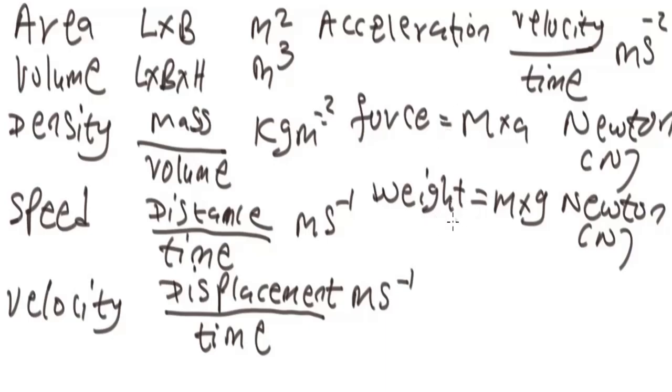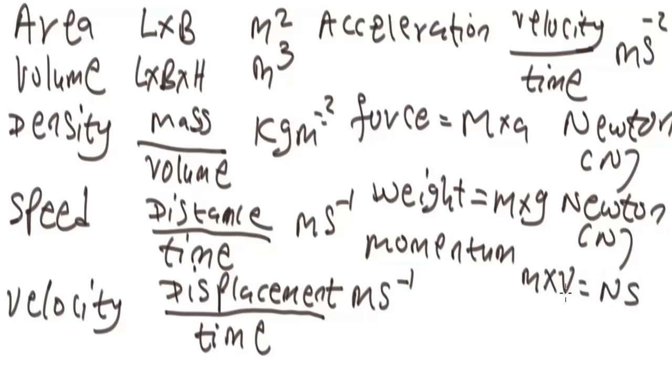Alright, so let's look at another example of a derived quantity. We also have our momentum, which is calculated using mass times velocity. So the unit of momentum is Newton second. The unit of momentum can also be kilogram meter per second.